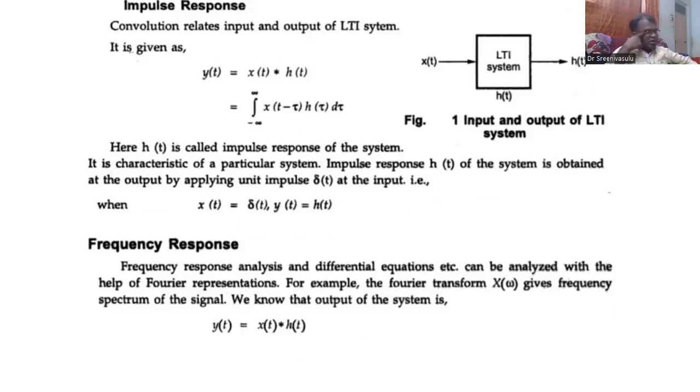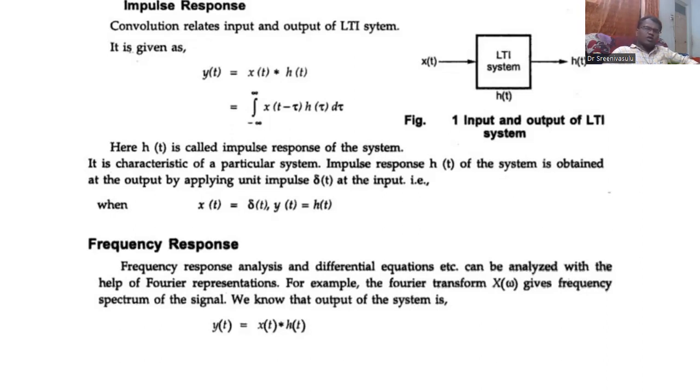Now, instead of signals, suppose we want to analyze the system, any type of system. So the system is analyzed with the Fourier transform. That is nothing but frequency response. So the system is analyzed in the frequency domain.